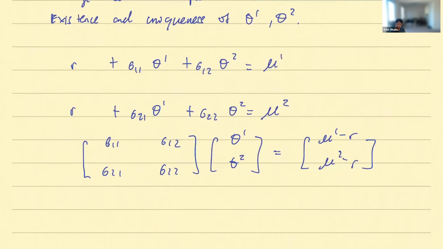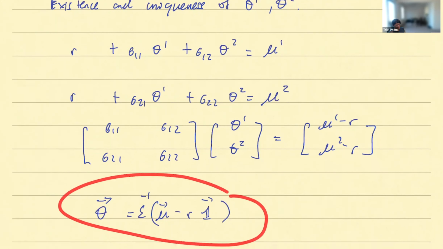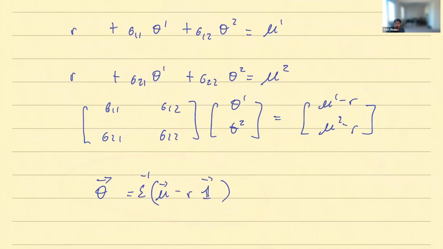So if you want, you can write something like this. Theta as a vector is mu minus r times vector 1 times sigma inverse. Which, by the way, is what? Exactly the market price of risk equation for the multivariate model.